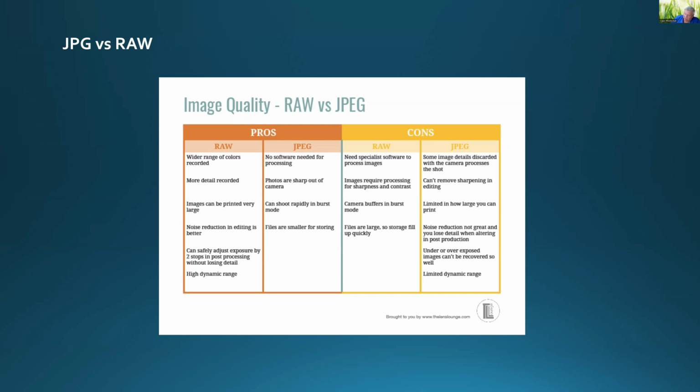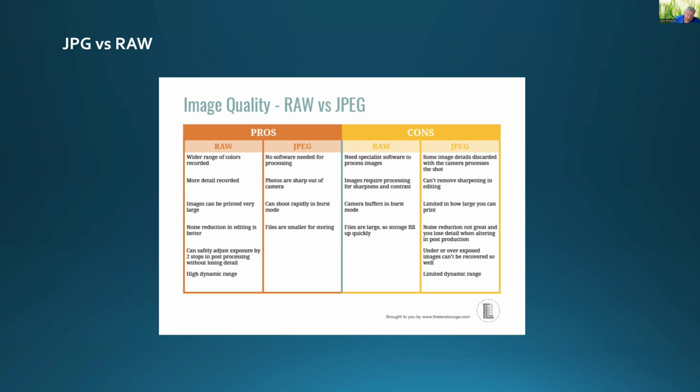You can shoot more rapidly than if you're shooting in RAW on the continuous high, and the files are a lot smaller. So when you're shooting with your memory card, you can fit a lot more JPEGs on than you can with a RAW file. Now the cons: you definitely need software on your computer to process RAW files.